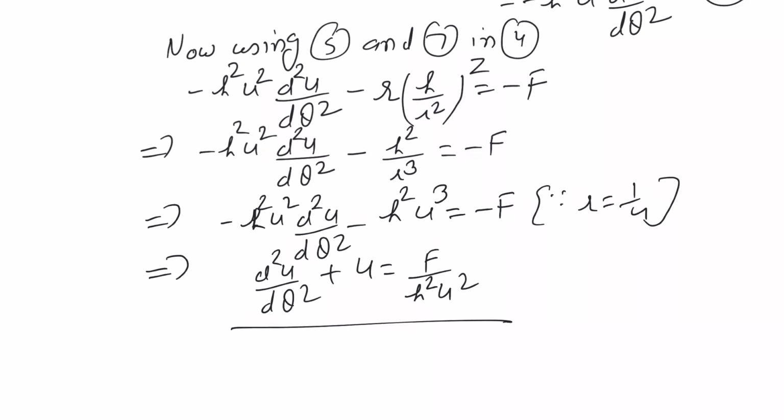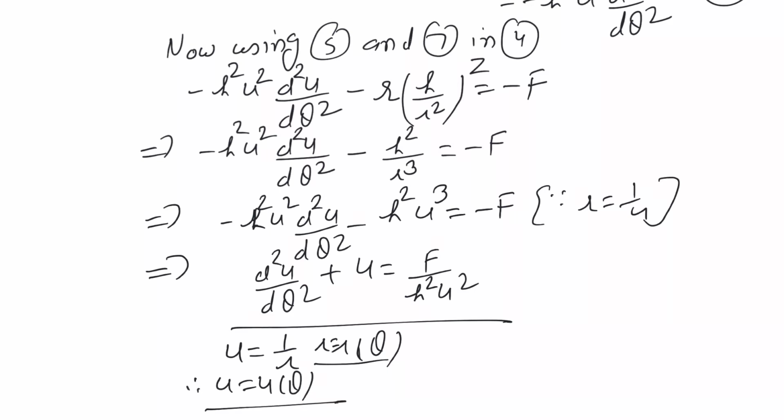Because it is in r and theta. As u was the reciprocal of r and r was a function of theta, therefore u is also a function of theta. Therefore this particular equation is called the differential equation of central orbit in polar form.